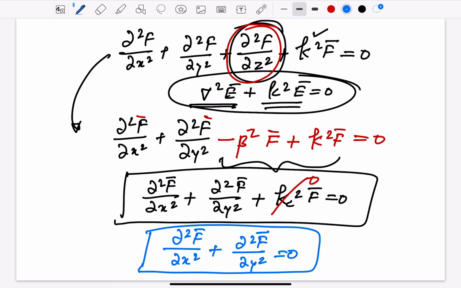F is basically Ex, Ey, Hx and Hy. Recalling these components, you may write different equations with the different field components. So we can write dou square f over dou x square plus dou square f over dou y square is equal to 0.